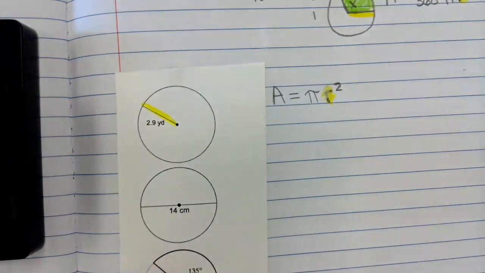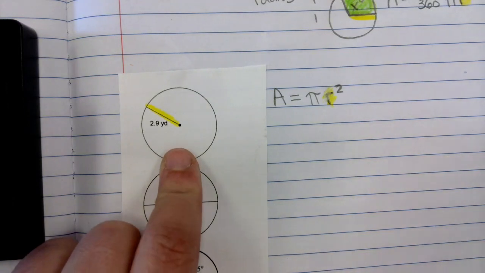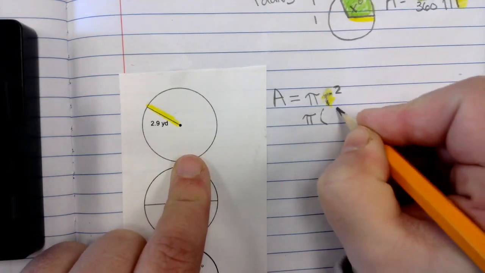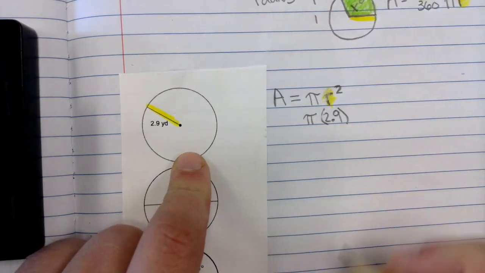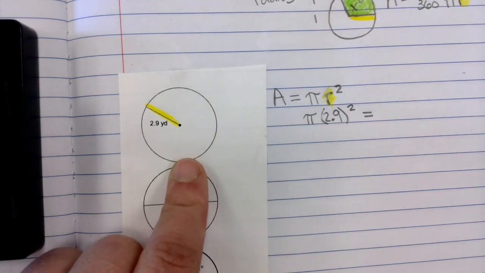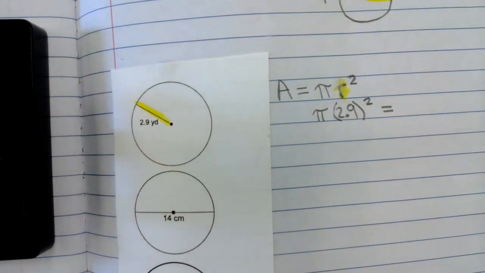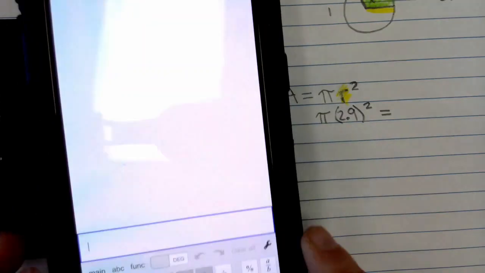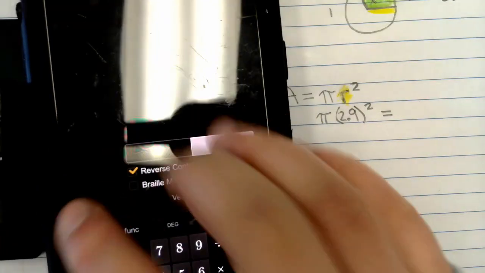Now, again, what's really important is that if you're using not your Desmos calculator, you are taking your time and making sure you get the right answer. This one, especially with that squared, I would make sure to use Desmos. Pi is this one here right next to the 4. We're going to use that pi, parenthesis, times 2.9, parenthesis, and then the squared is the a squared there.